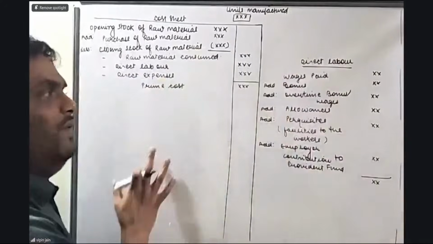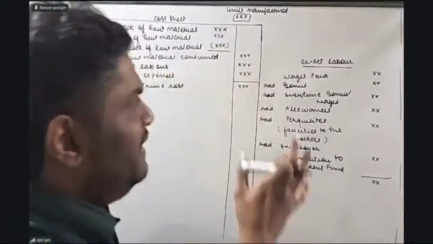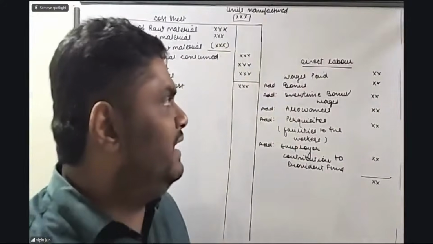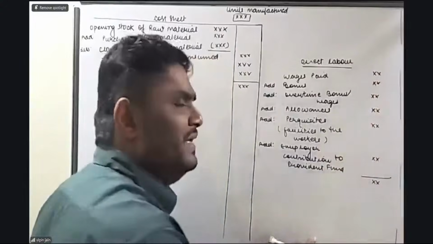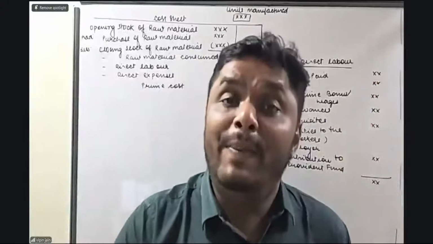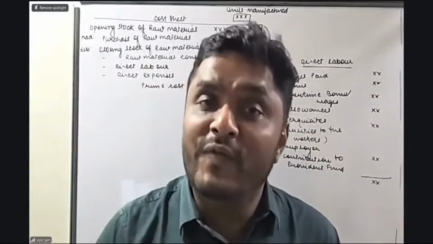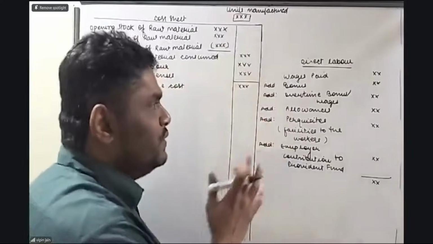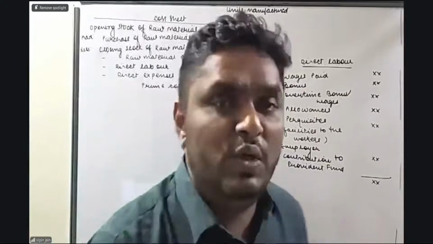Again, all these items will form part of the cost sheet, but due to space constraint, I'm just preparing these notes for better understanding. If the wages paid or direct labor paid is given straight away, you can write it. Apart from this, there are a few points that the examiner can give you to confuse you guys: bonus, overtime bonus or wages, allowances, perquisites, employer contribution to PF.